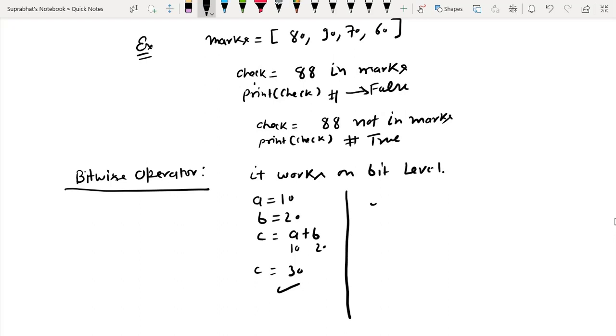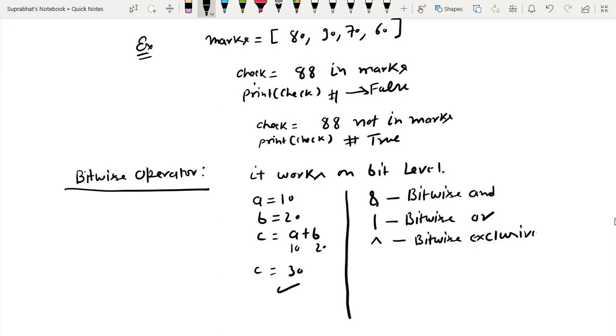The first one is the bitwise AND operator. This one is the bitwise OR operator. This one is the bitwise exclusive OR operator, and this sign is complement.